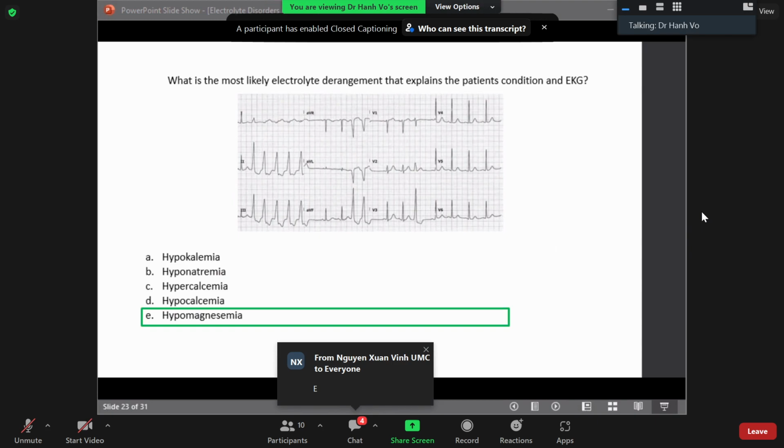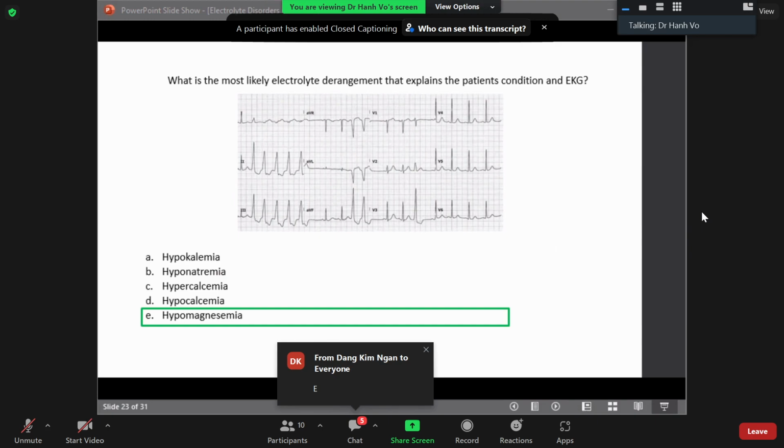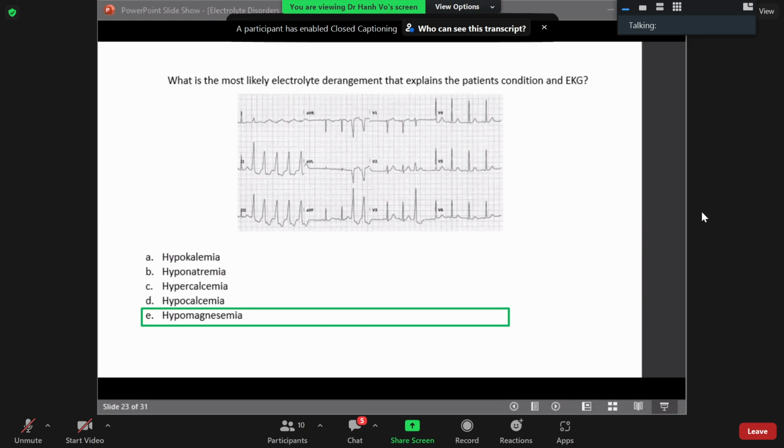Yeah, this EKG shows runs of ventricular tachycardia as well as ventricular ectopy, and the QT interval during normal rhythm is 465 milliseconds.